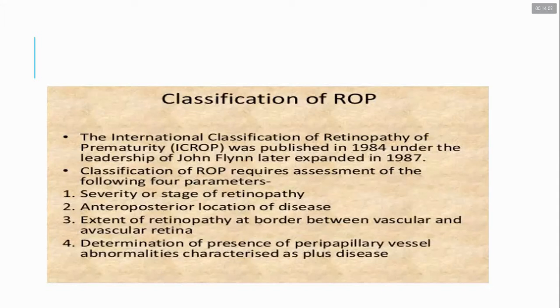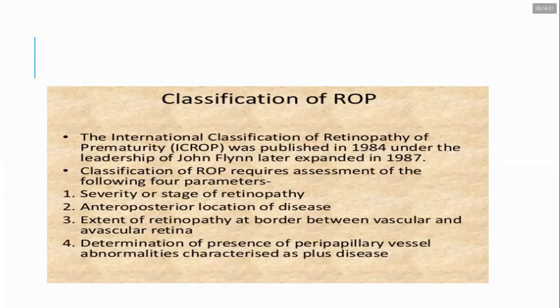So what is the classification of the ROP? The international classification of ROP was published in 1984 under the leadership of John Flynn, later expanded in 1987. So classification of ROP requires the assessment of the following 4 parameters, that is the severity or stages of the ROP.